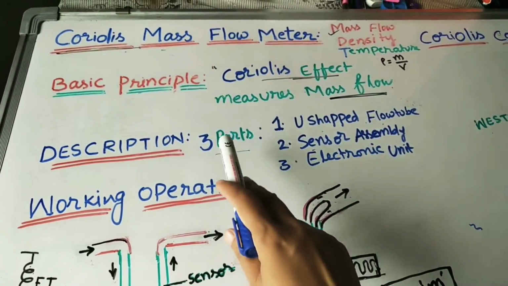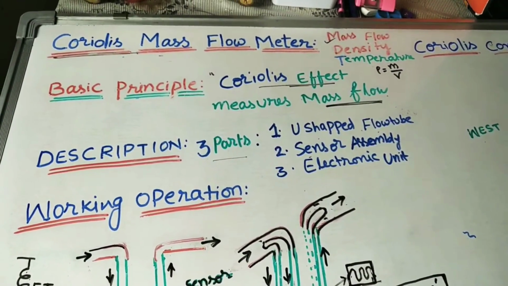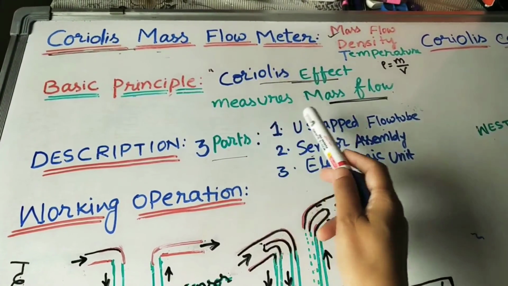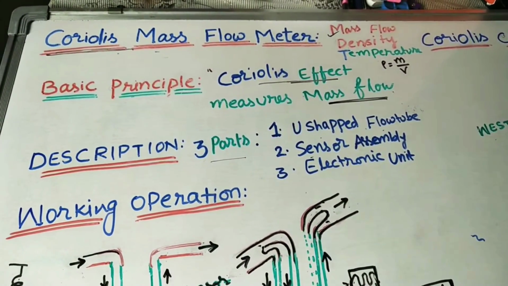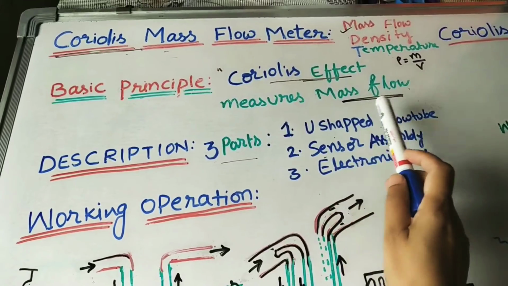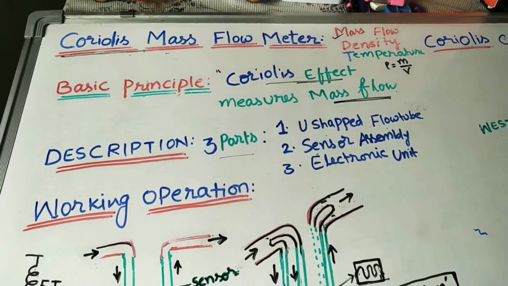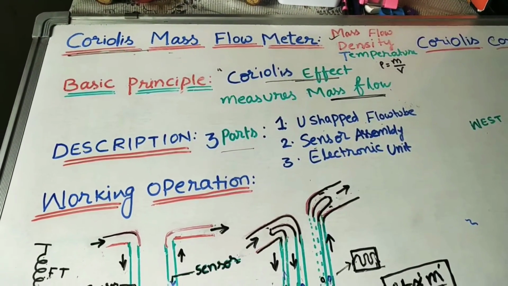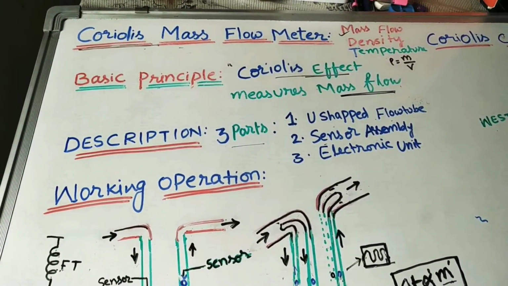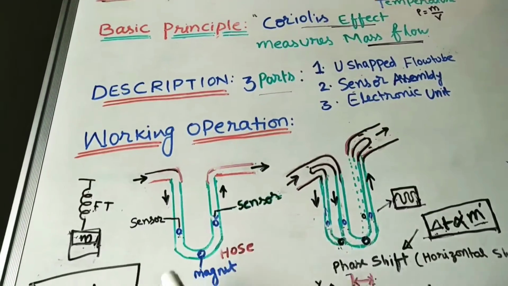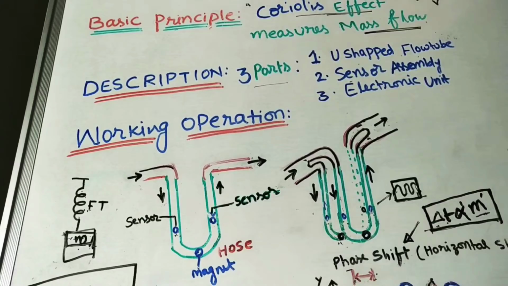Let us take the basic principle of this flow meter. Here it is written: Coriolis effect measures the mass flow. So we are using the Coriolis effect for measuring the mass flow. Here, as I told, we are using the flow tube like this for measuring the flow.